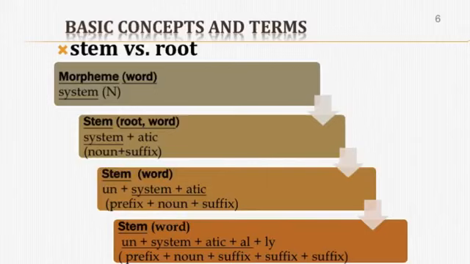But then we can also add something at the beginning, a prefix. Un, unsystematic, which is a different word than systematic. So un is a prefix. And then we can add further suffixes, like al, unsystematical, and then ly, unsystematically.